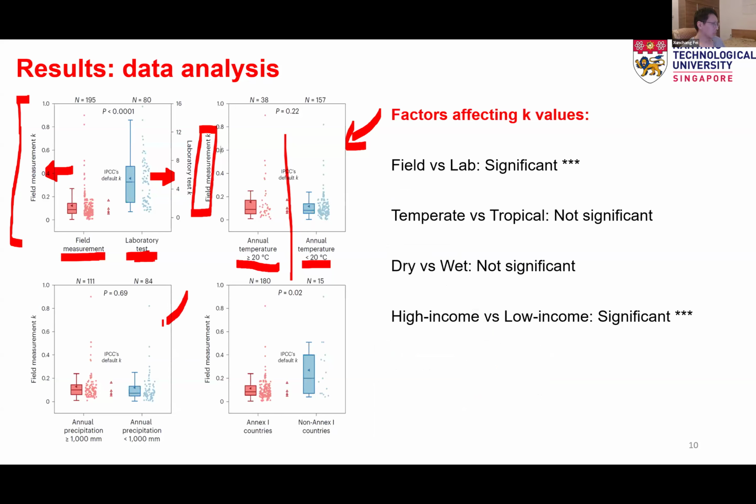If we look at the bottom left figure, you will see that IPCC says if you are in, again, a tropical country or raining country with annual precipitation larger than 1,000 millimeter, then you should use a higher K value. If you are in a dry country, use a low K value.